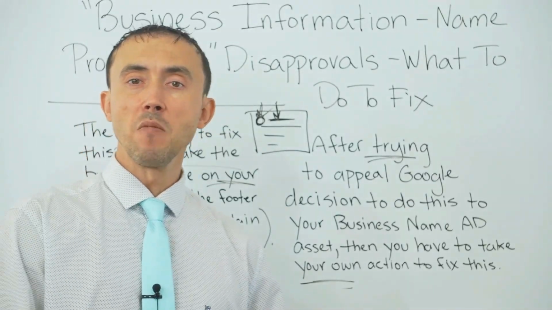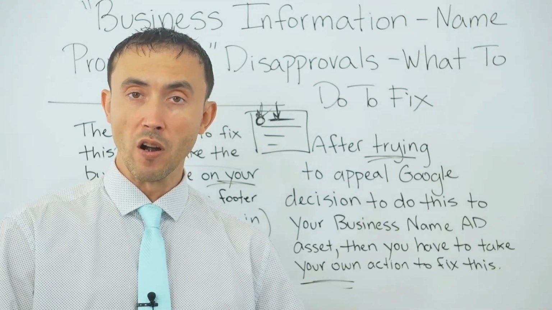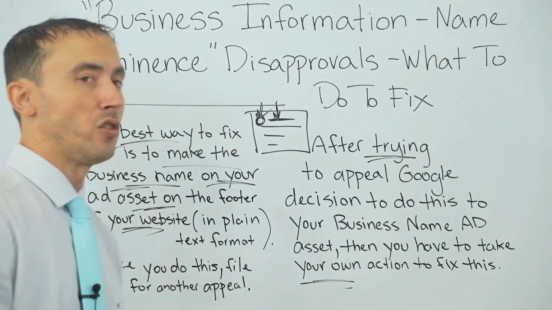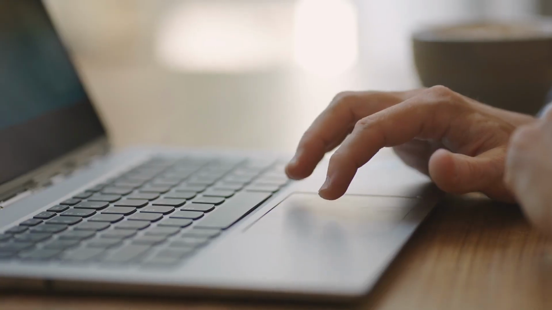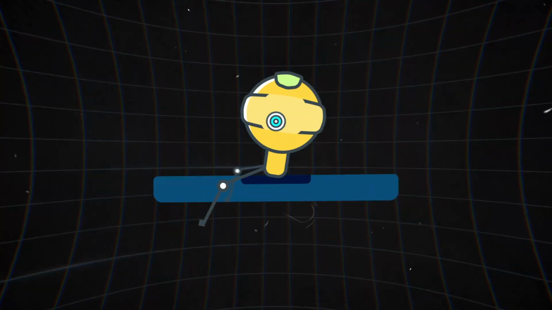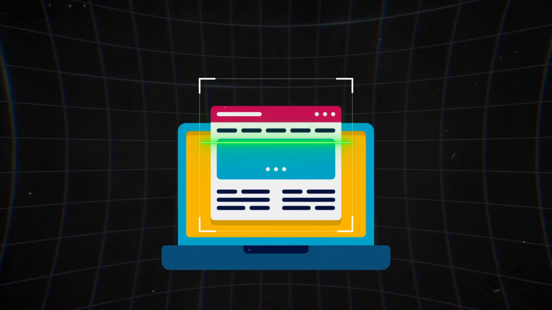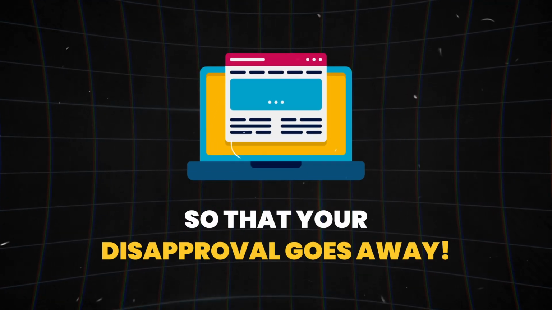You can put the business name that's in the business name ad asset word for word in the footer of the web page, so that once you resubmit your business name ad asset for an appeal or re-review, the crawler will go to the website, scan it, and see if that is actually on the website, so that your disapproval goes away.